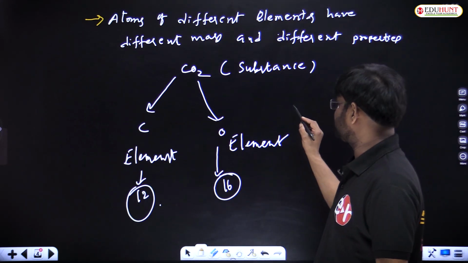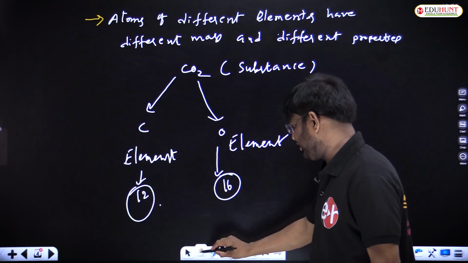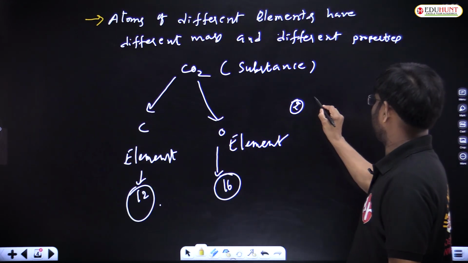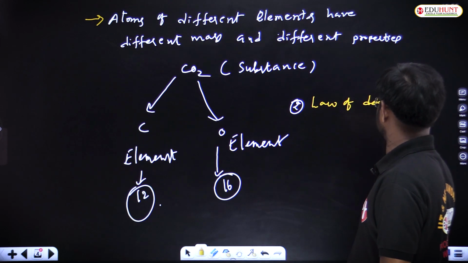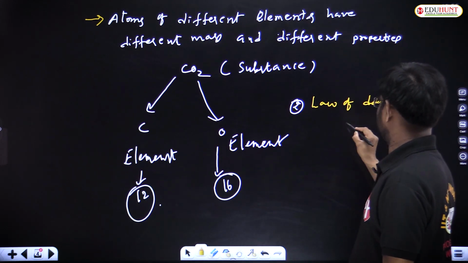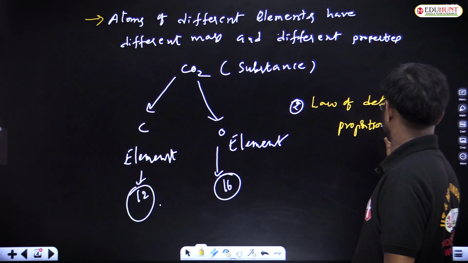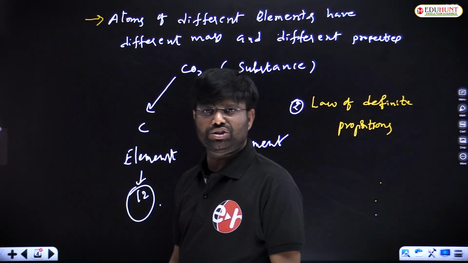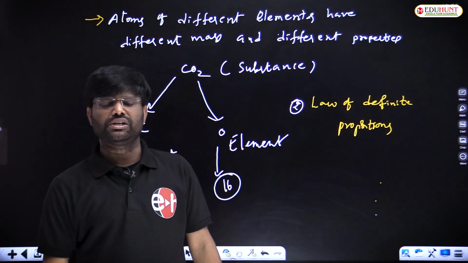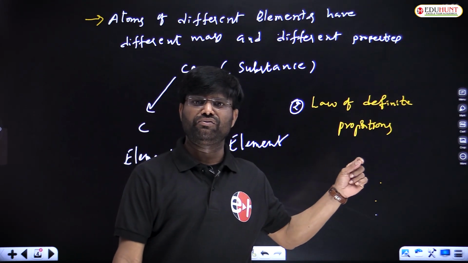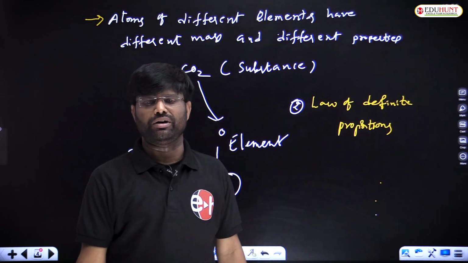This is called the second law, the law of definite proportions. Any substance has a fixed ratio by mass of its elements.